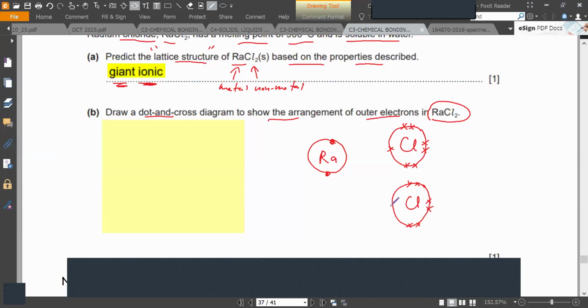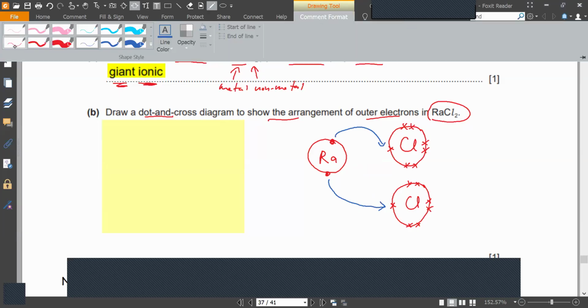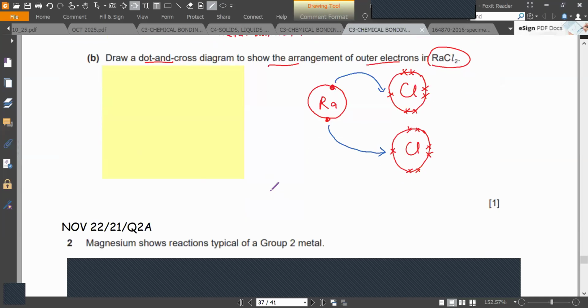Radium wants to form a full shell, so it will lose the 2 electrons on the outside. After it loses the 2 outer electrons, it will form radium 2+.